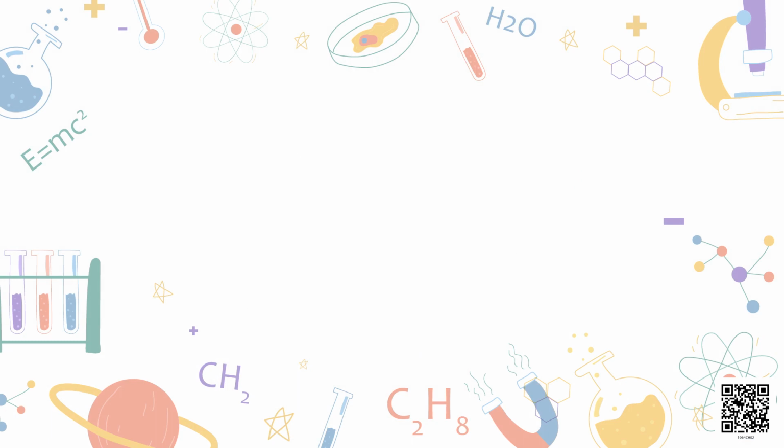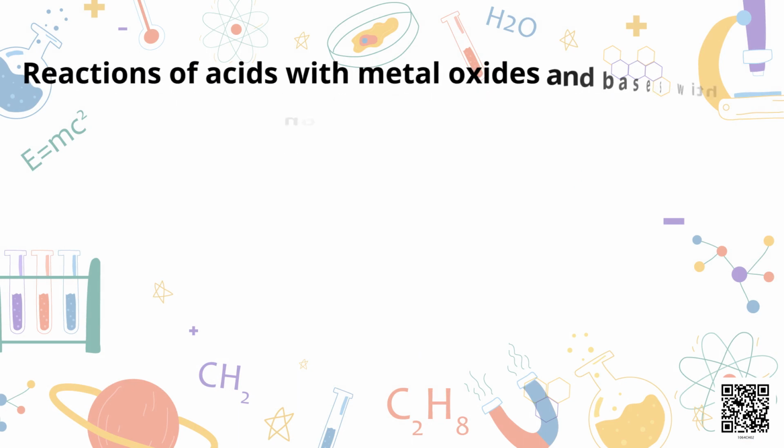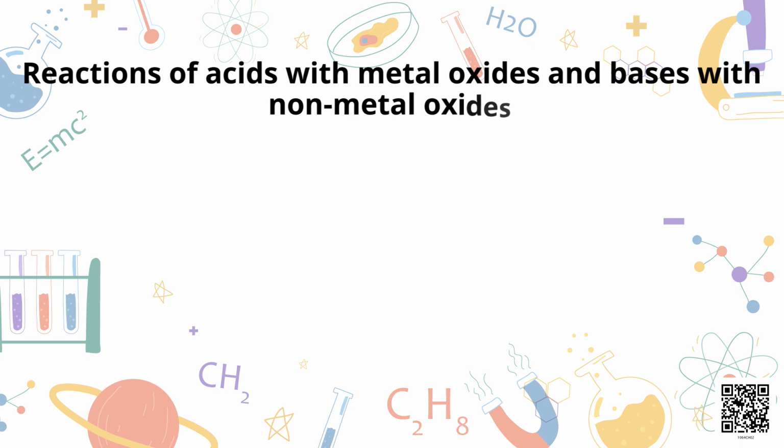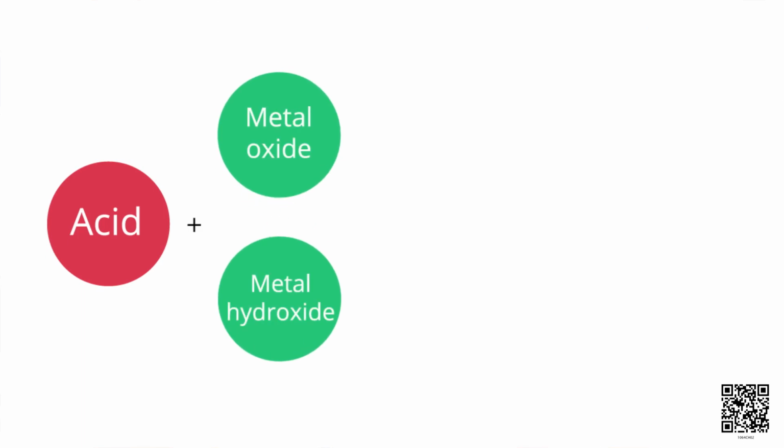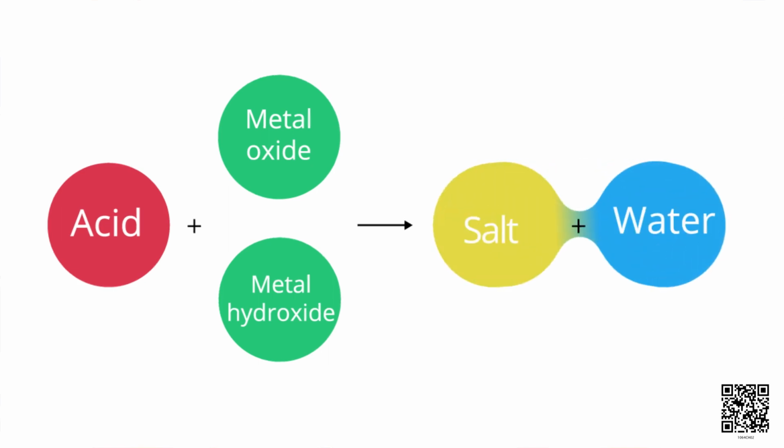Children, let us now understand the reaction of acids with metal oxides and bases with non-metal oxides. First of all, reaction of acids with metal oxides or with metal hydroxides. In general, whenever an acid reacts with a metal oxide or with metal hydroxide, it results in the formation of salt and water.